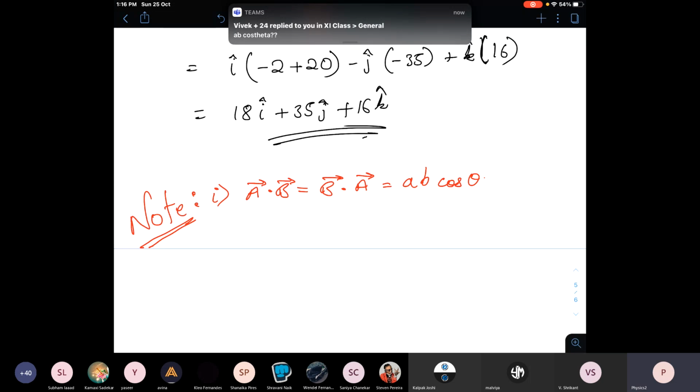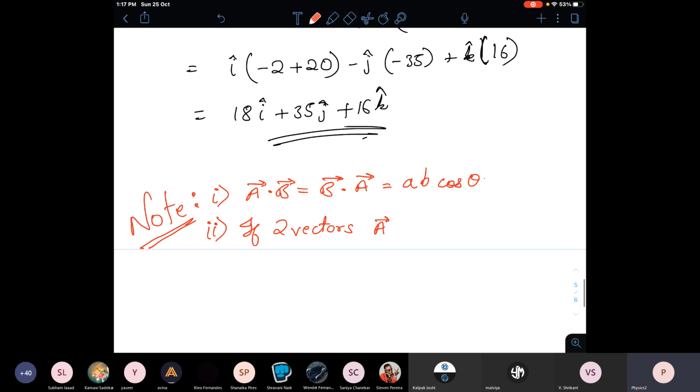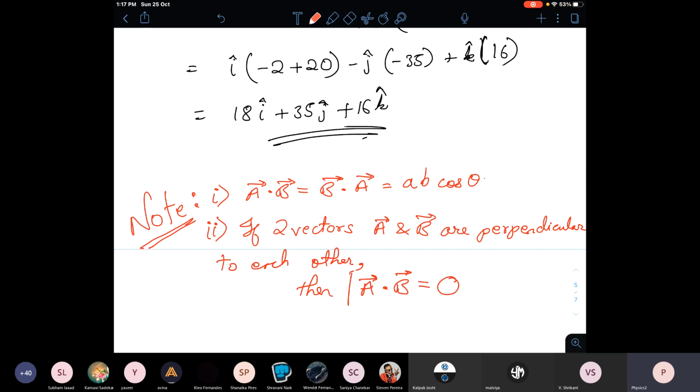And the second point, in dot product only: if two vectors A and B are perpendicular to each other, then A dot B is definitely equal to 0. Very important result.